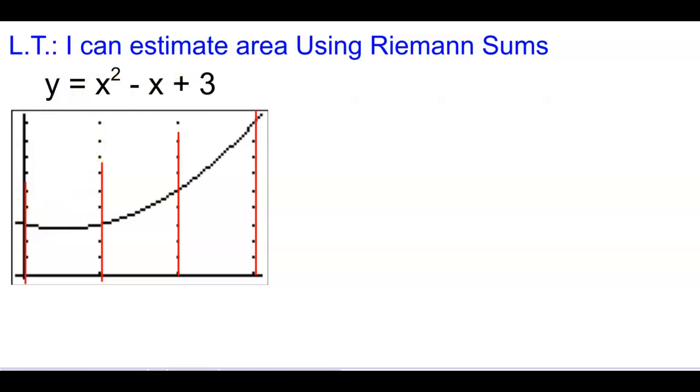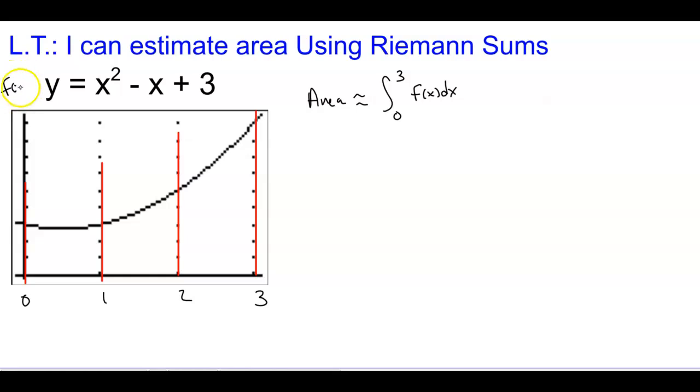It's just the function of a parabola, and we're going to go from the points 0, 1, 2, and 3. If I want to approximate the area, we're going to introduce a new symbol right here. We'll explain this a little bit later on in the video.